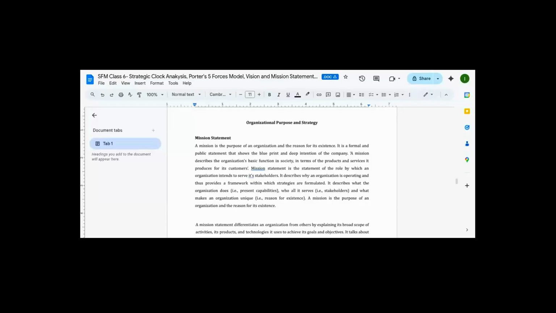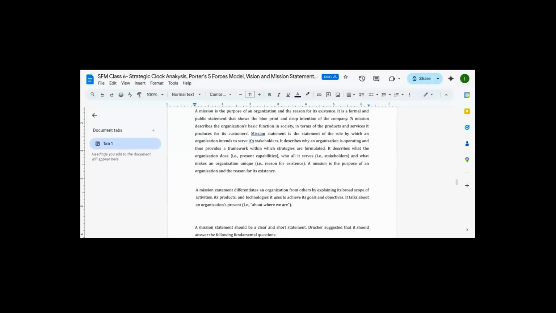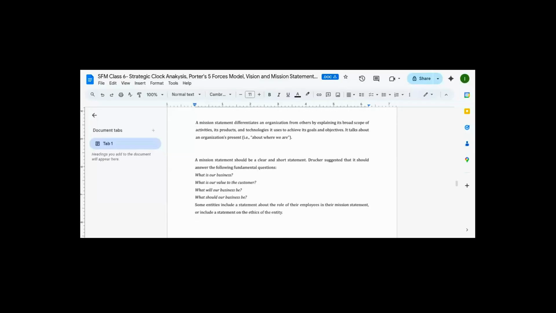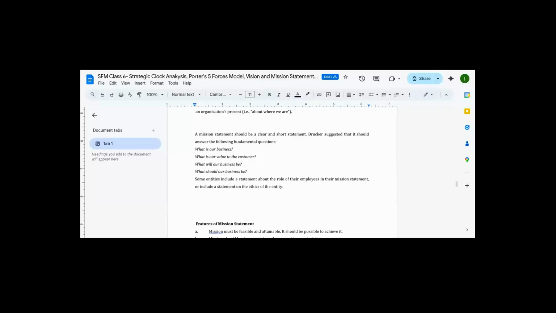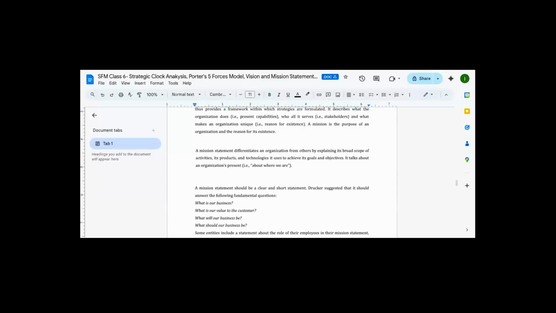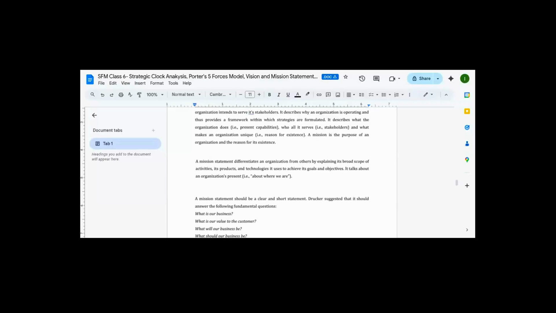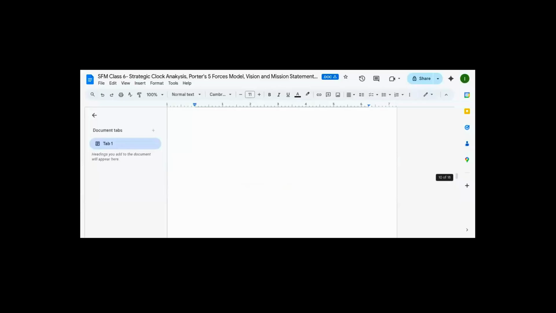And the mission statement answers the questions: what is our business? What is our value to the customers? What should our business be? But when it comes to vision statements, since it's the destination of the company, the vision statement answers the question, where are we going?